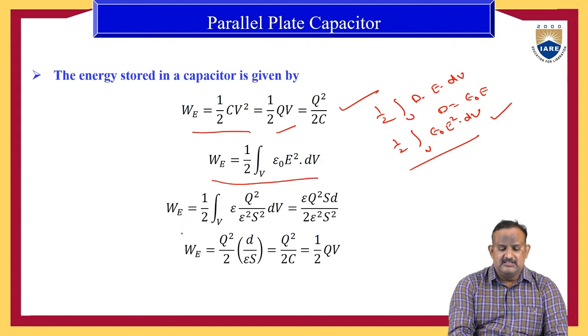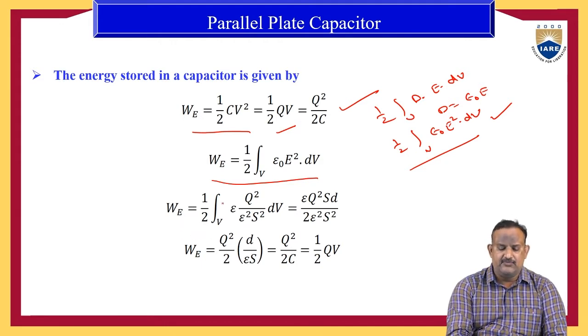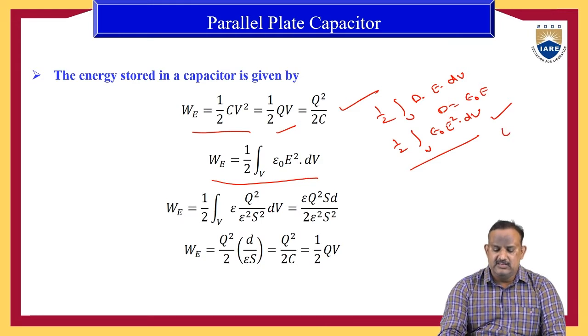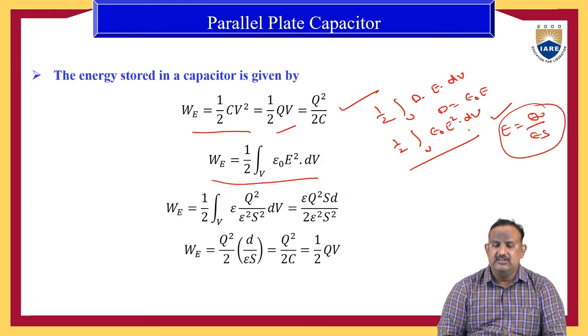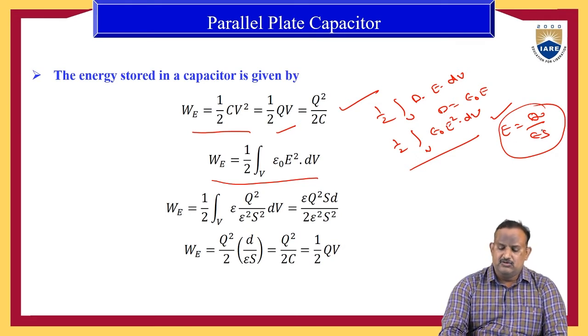Therefore the energy stored by a capacitor is equal to half into the volume integral, where in place of E, which is Q by epsilon S, I am substituting Q by epsilon S. Therefore Q square by epsilon square S square into dV.